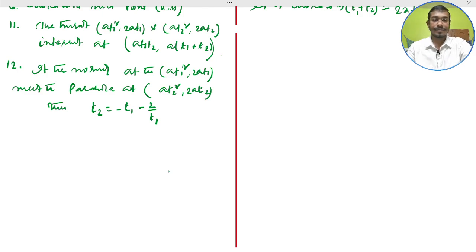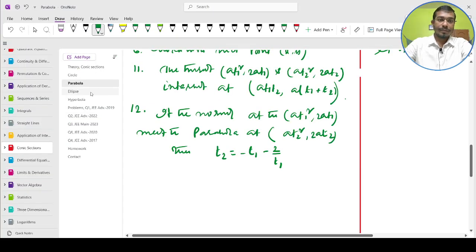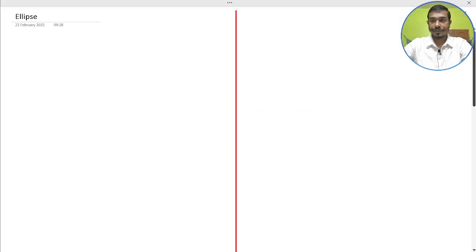Next, number 3 is the ellipse. First one, standard equation and diagram.